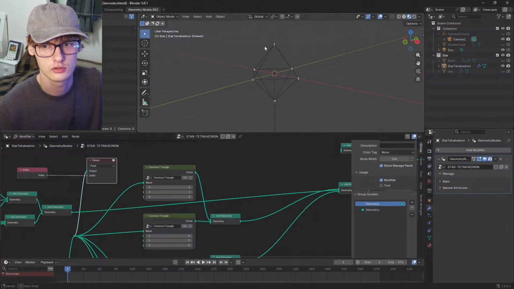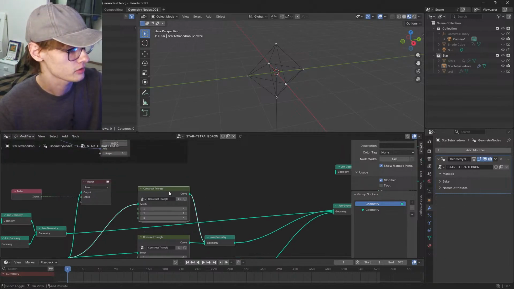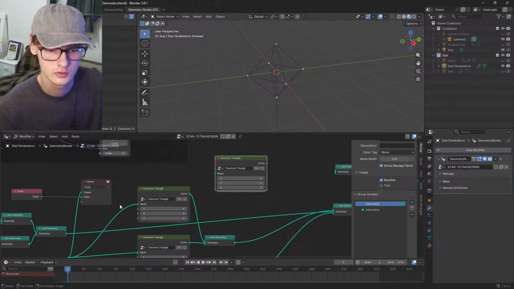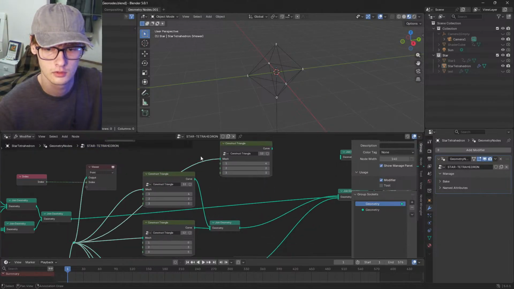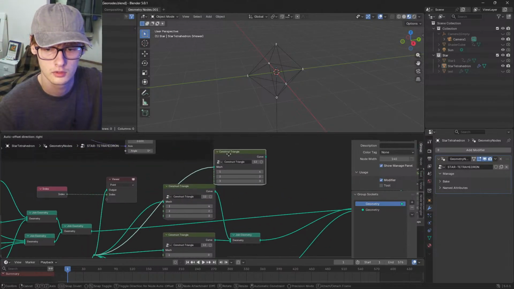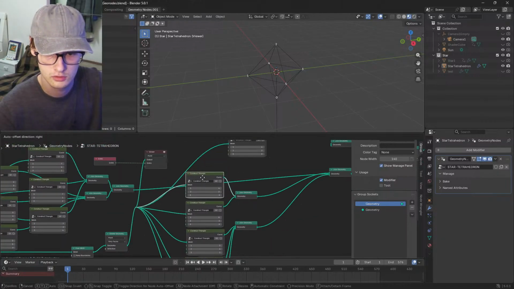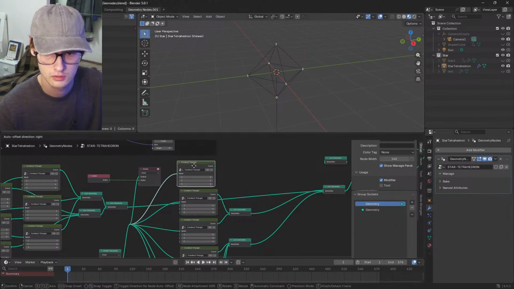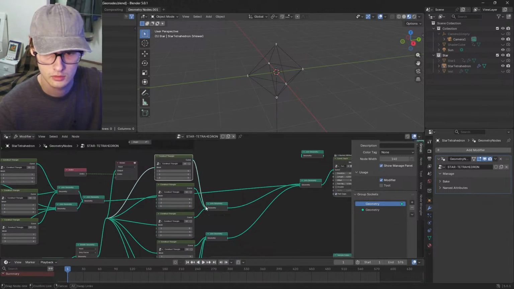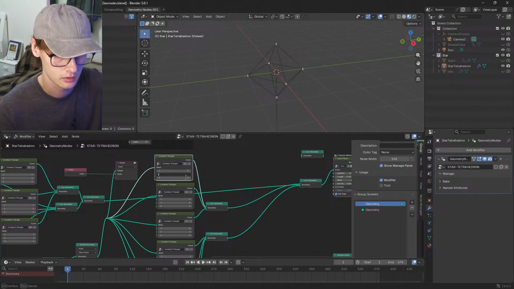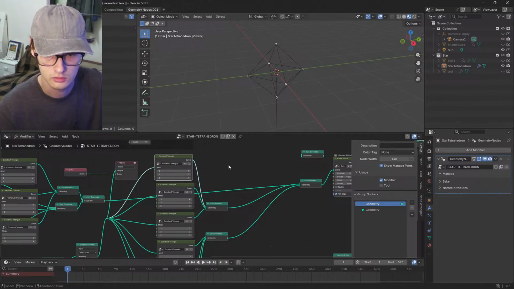And that's 2, 1, and 5. Let's guess that that's also the right order. I'm running out of room with my nodes. What was it? 5, 1, and 2? 5, 1, 2.